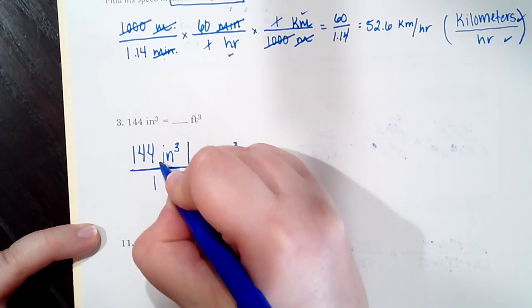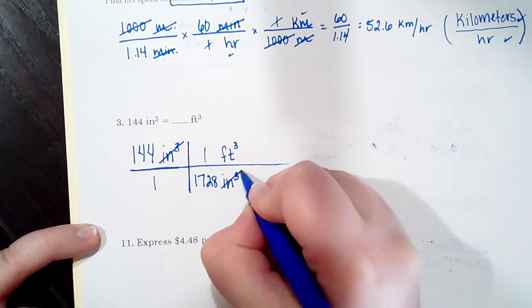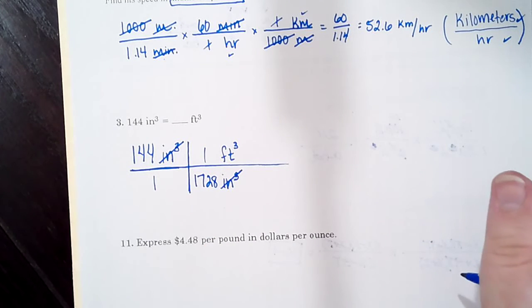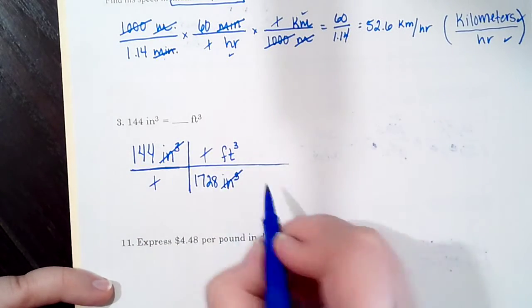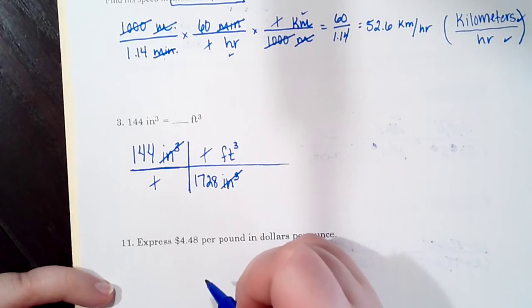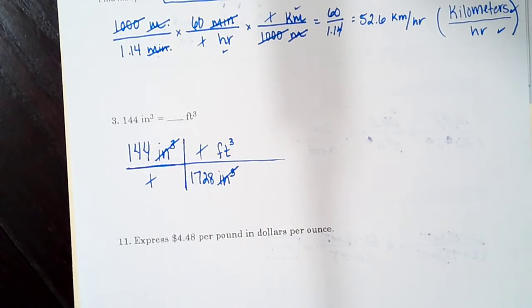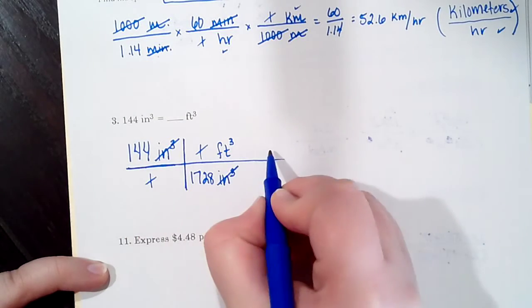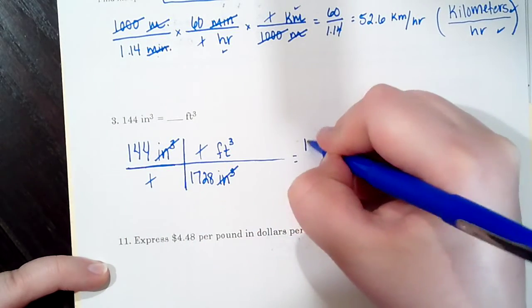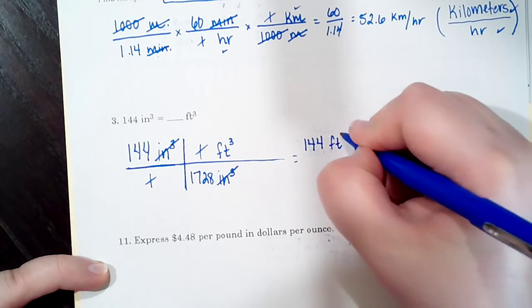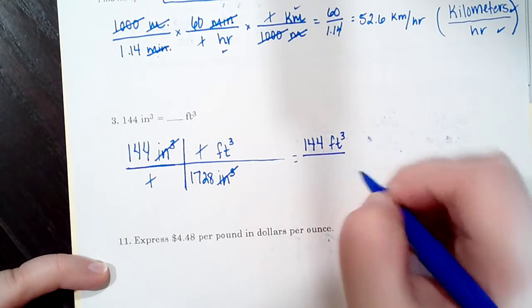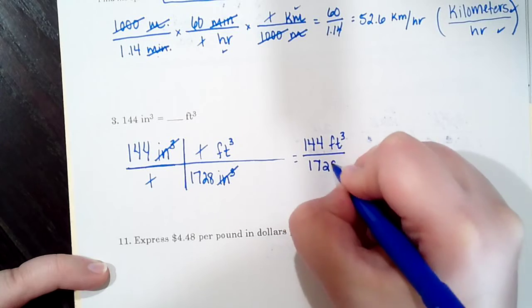Now, I'm going to double check myself. I notice my inches cubed, or my cubic inches, cancel out. My ones cancel out, and I'm left with just numbers and the only label that I want left over. Now I'm simply going to multiply across the top to get 144 feet cubed over 1,728.